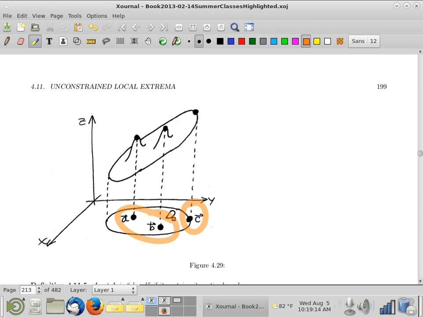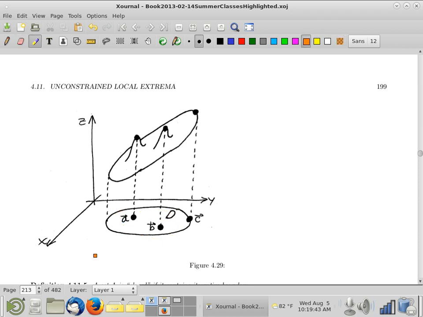So the rest of this section we're going to be talking about these kinds of points like A and B, and we'll worry later in the next section about how to deal with C. All right, the algebra of how we identify and deal with points like C is very different from the algebra of how we deal with and identify points like A and B.